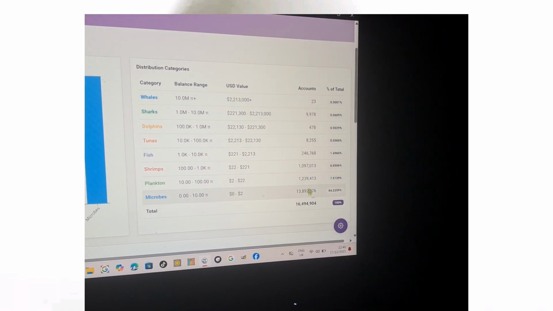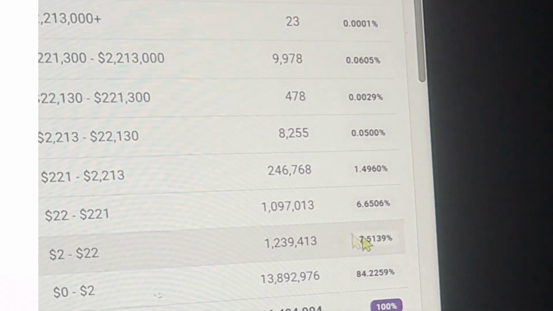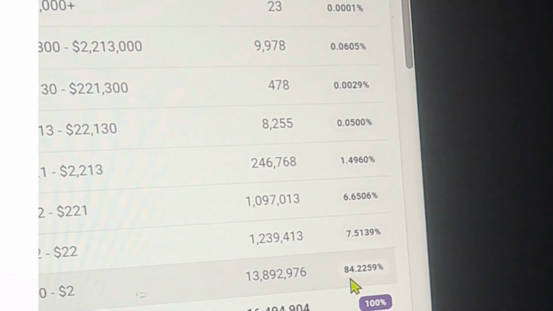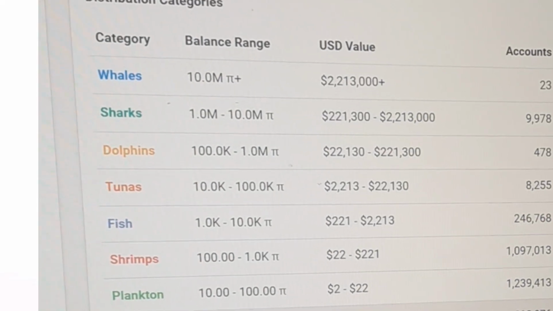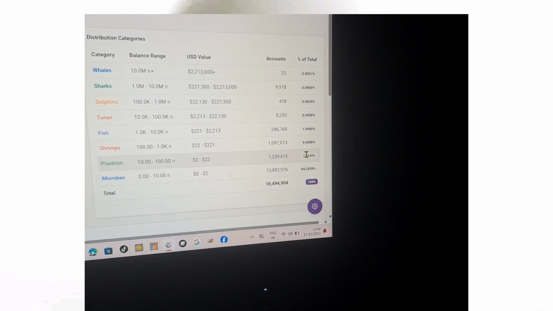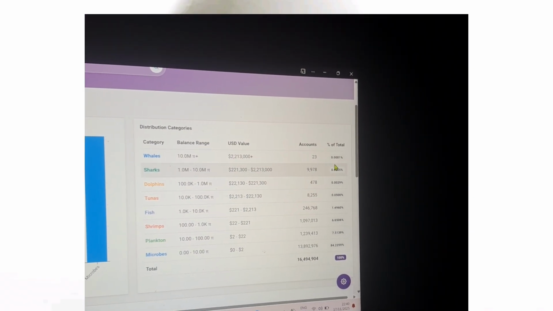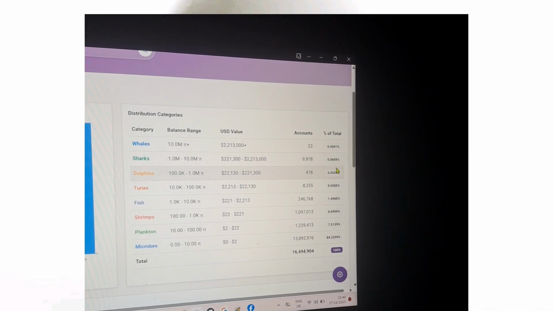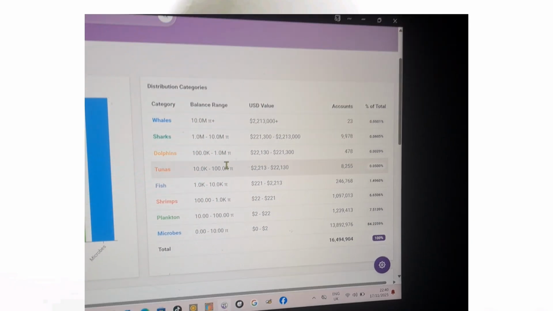So you can see in terms of percentage who have the majority of Pi. 82% of wallets or users fall under microbes. So here is where the majority are, followed by planktons and shrimps. The whales are very few. In fact, it is 0.001%, very few of them hold the largest amount of Pi.